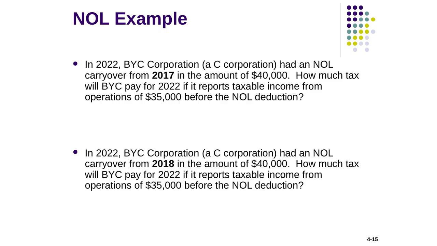In the first one, it says, in 2022, BYC Corporation, a C corporation, had an NOL carryover from 2017. So I'm going to highlight our year. So 2017 in the amount of $40,000. I'm going to highlight our question so we know what we need to answer.